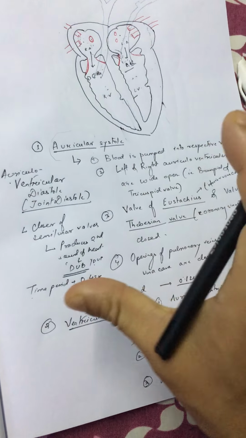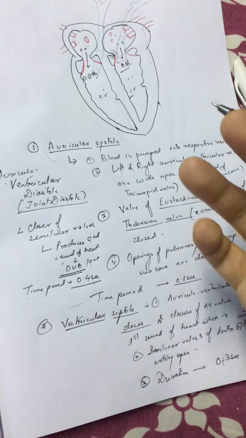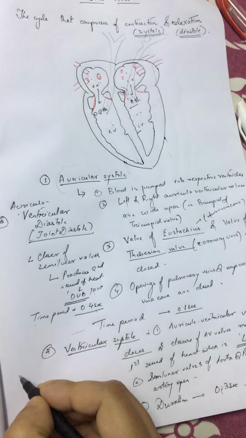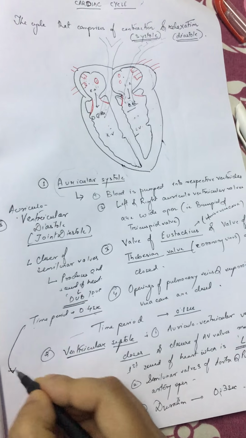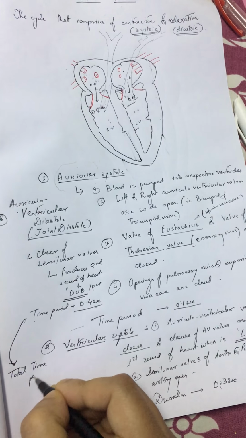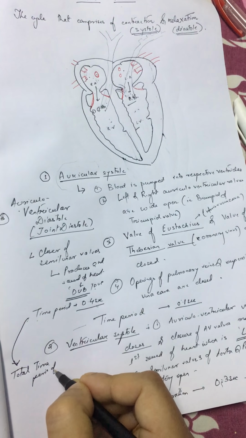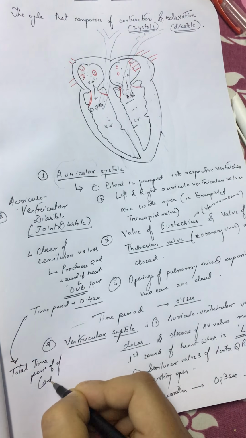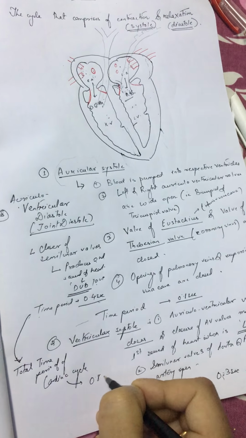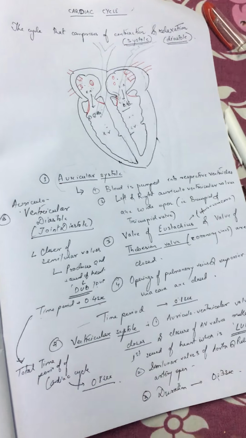That means the heart is contracting for 0.4 second and also relaxing for 0.4 second. And the total time period of the cardiac cycle is 0.8 second, right?